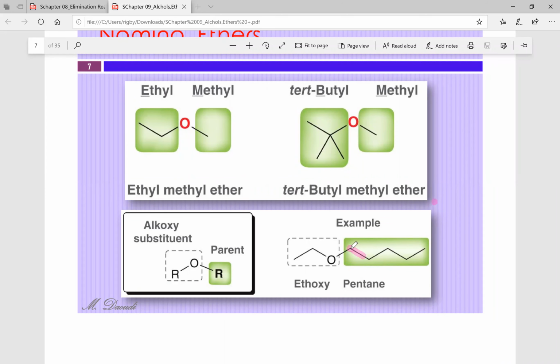So like here's 1, 2, 3, 4, 5 versus 1, 2. So obviously the pentane group is going to be our parent chain. And then the lower group, we take the base name, so eth, so like ethyl, eth for 2 carbons, and we add oxy to tell us that there's an oxygen at the end. So this is ethoxypentane.